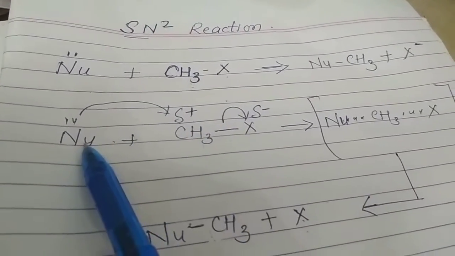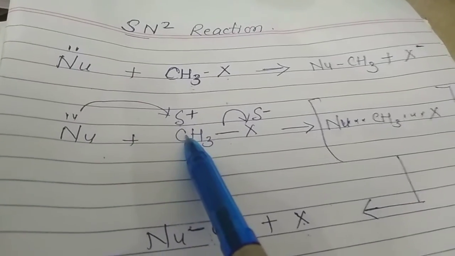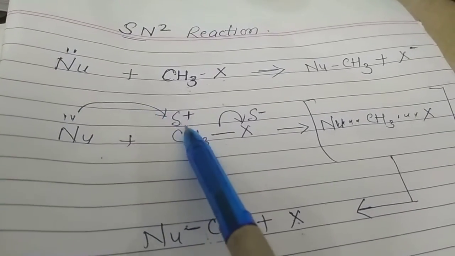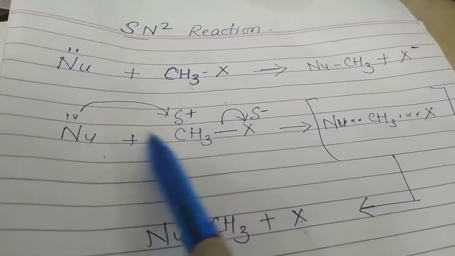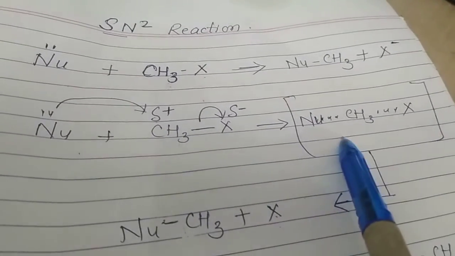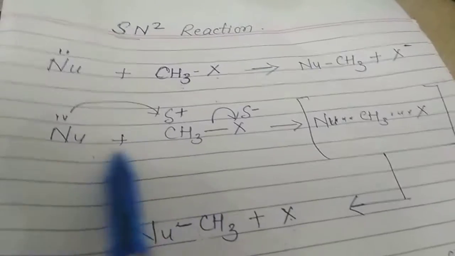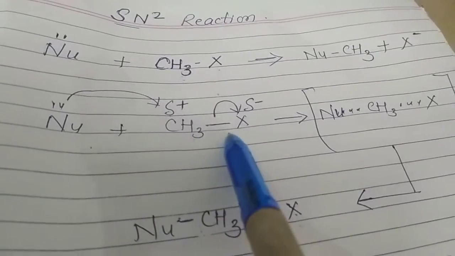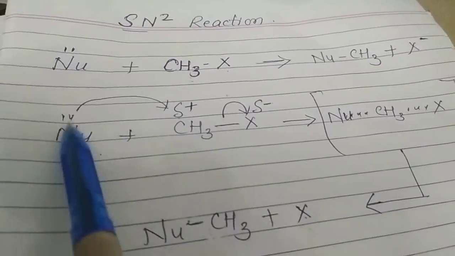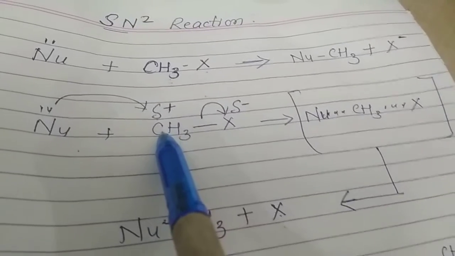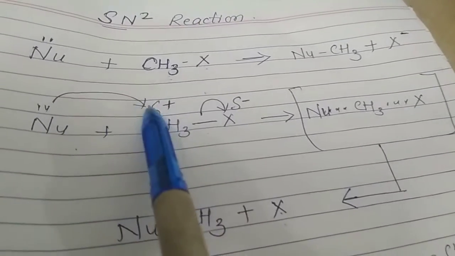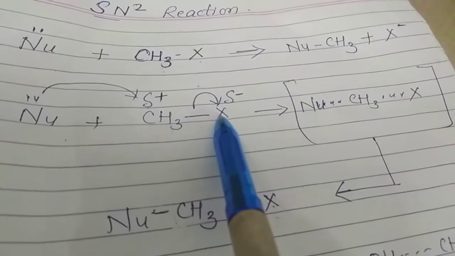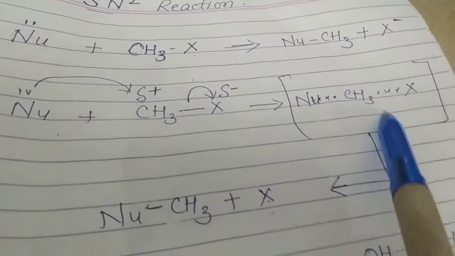So the attacking nucleophile gets the site where it can donate its electron and attack. As this process takes place simultaneously, the halide group will leave and the incoming group will get attached. As soon as the incoming nucleophile is attacking, meanwhile the halogen is leaving.